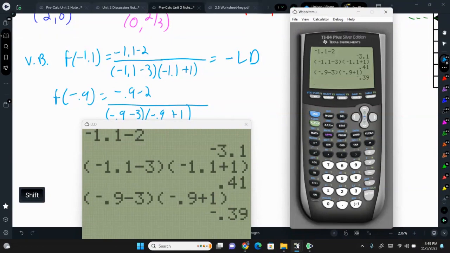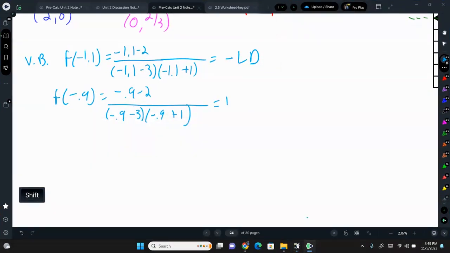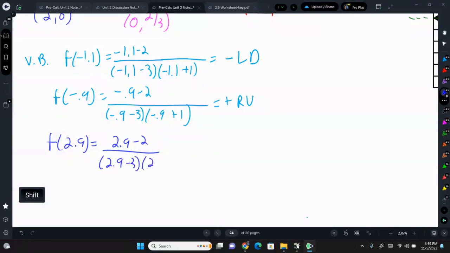So we have a negative in the numerator, negative in the denominator, so it's going to be a positive, so right side up. So then we have to do f of 2.9, so 2.9 minus 2 over 2.9 minus 3 times 2.9 plus 1.